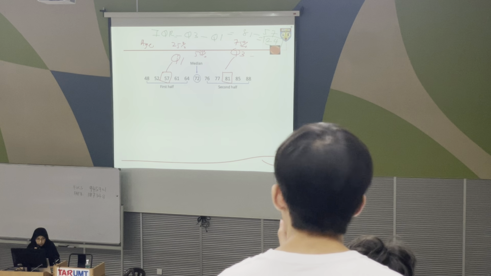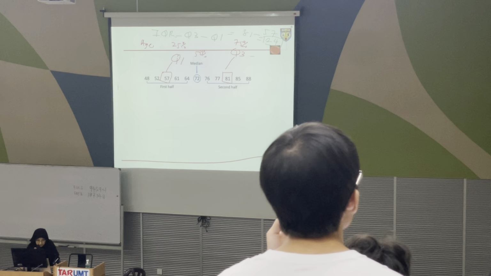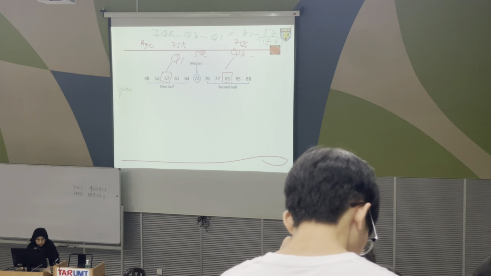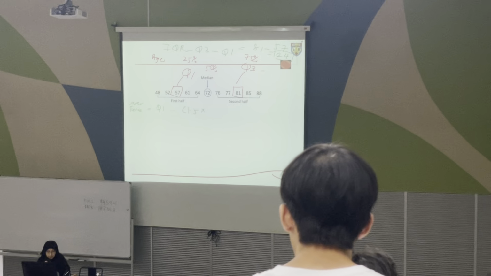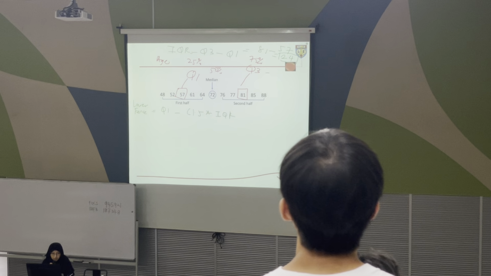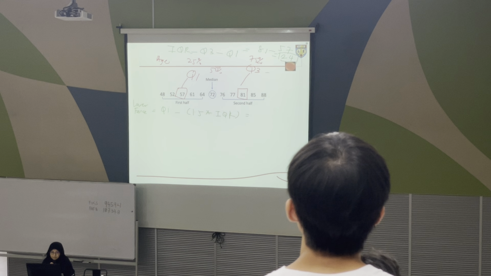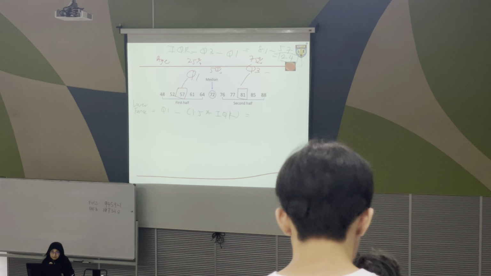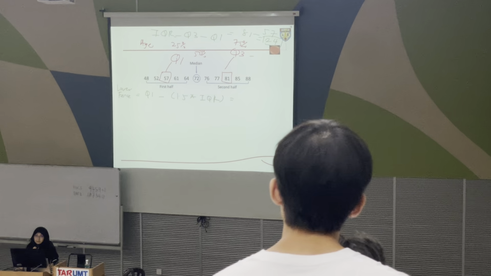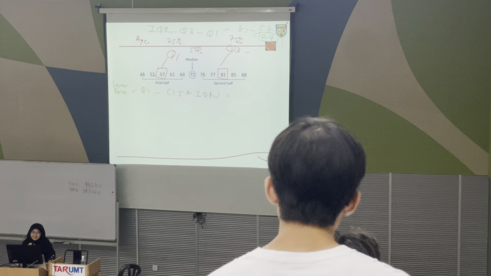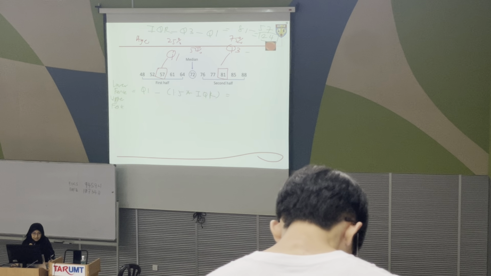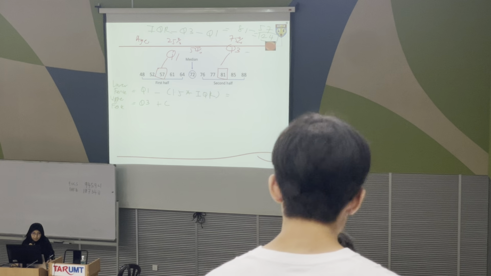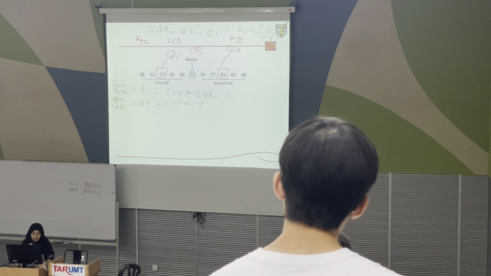Okay, so the formula to calculate the lower fence or the lower boundary is Q1 minus 1.5 times IQR. So what is the value? Upper fence is Q3 plus 1.5 times IQR.